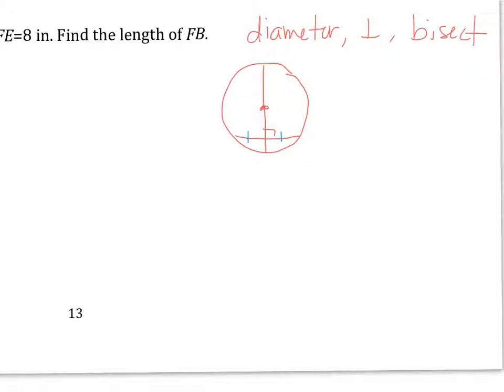Okay, if I give you a circle and the line is again the diameter because it passes through the center, and it gives you tick, tick, then I can assume that it is perpendicular because I have two out of the three things. Okay?